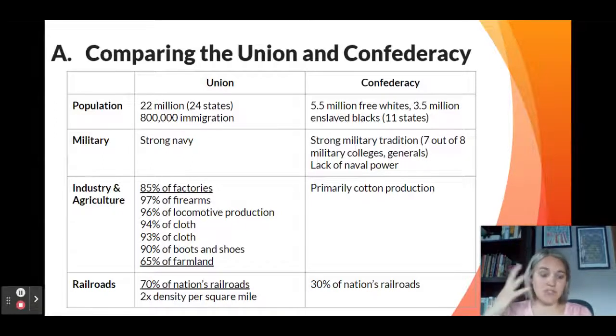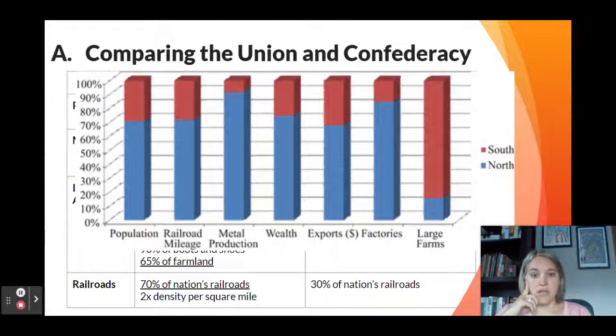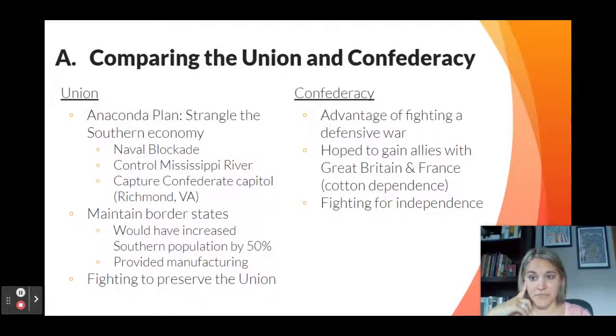And that will help in so many ways during the war. And then finally, the railroads. That ends up being such a huge factor that we'll talk about a little bit more in our next slide. So when you compare the North and the South, you see that besides large farms, the North has the advantage in every single category.